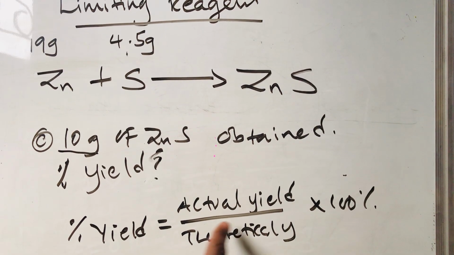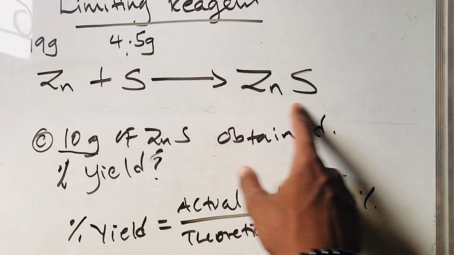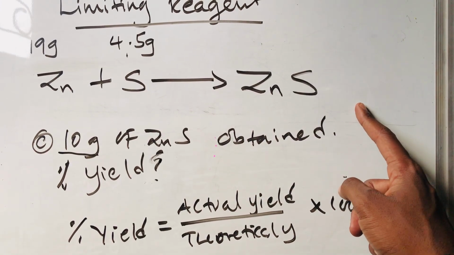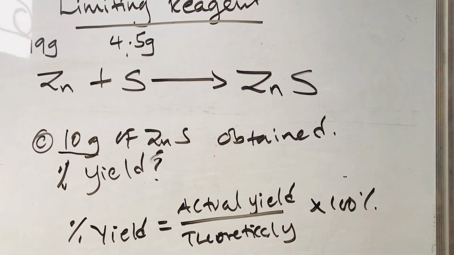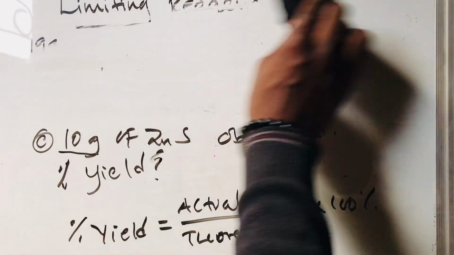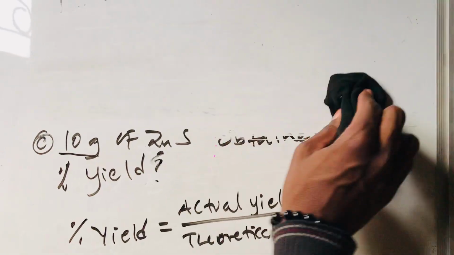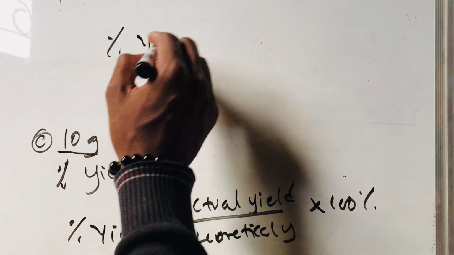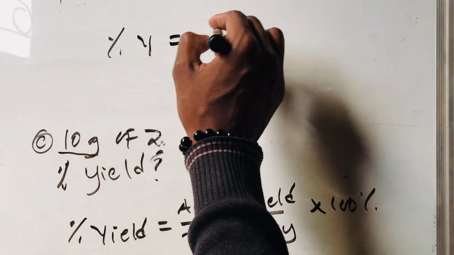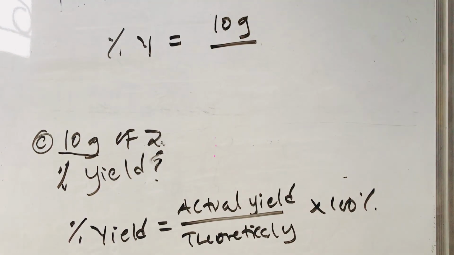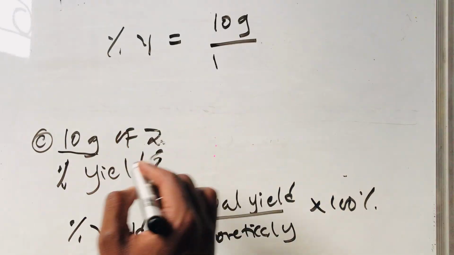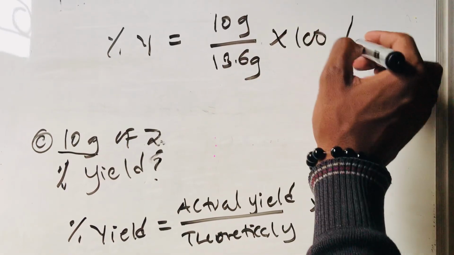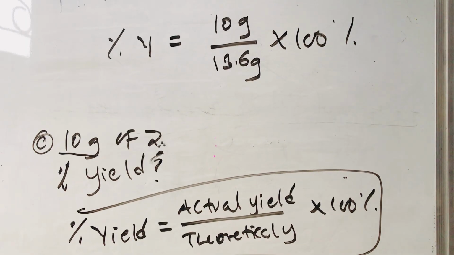Then the mass of zinc sulfide that we calculated, which is 13.6, is the theoretical yield. So the percentage yield equals the actual yield, 10 grams, over the theoretical yield, the mass of zinc sulfide we calculated in the previous question, 13.6, times 100%.